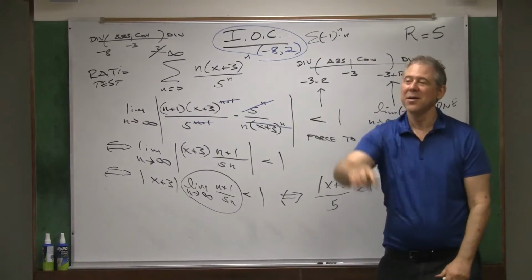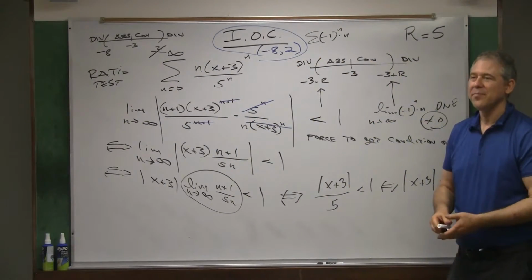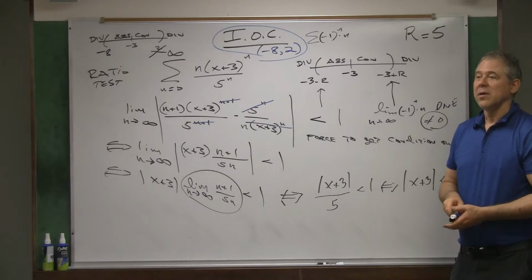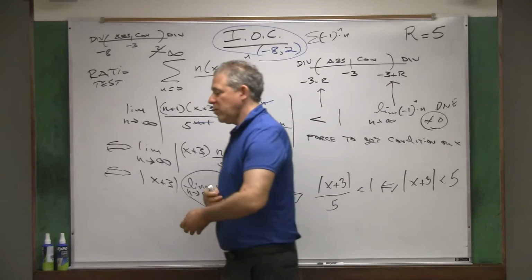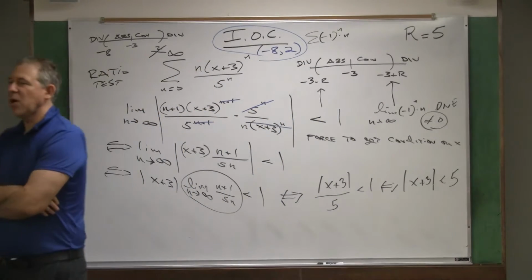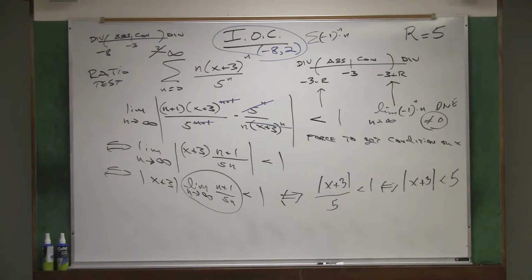Could you explain the open and closed intervals again? The theorem tells us that we always get absolute convergence on the open interval. But for the endpoints of that open interval, you could get convergence there, but you might get divergence, so you have to check each individually.